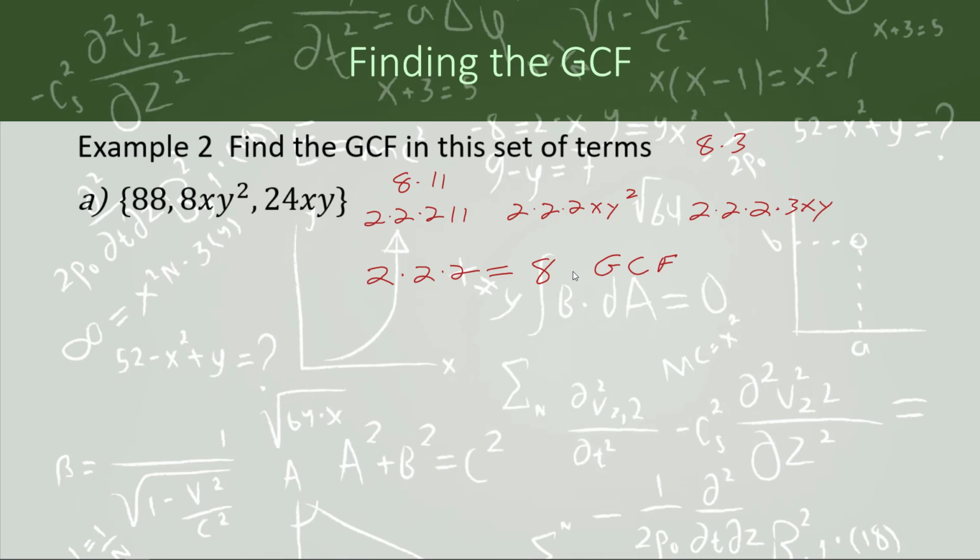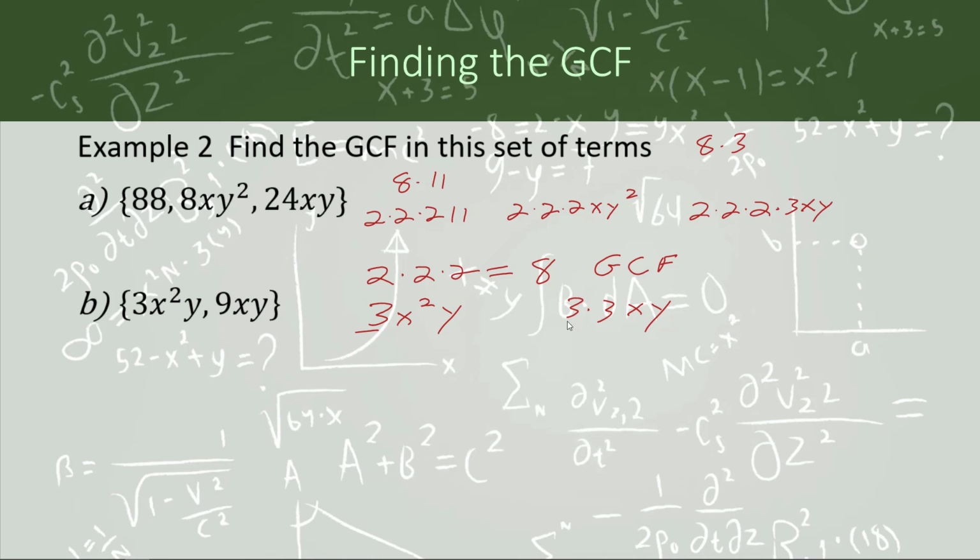Okay, next we have 3x squared y and 9xy. Well, we don't really need to do too much with the 3x squared y since 3 is already a prime number, so we'll just write that down. And then the prime factorization of 9 is 3 times 3 times x times y. Okay, and now we need to collect the factors that are in both terms.